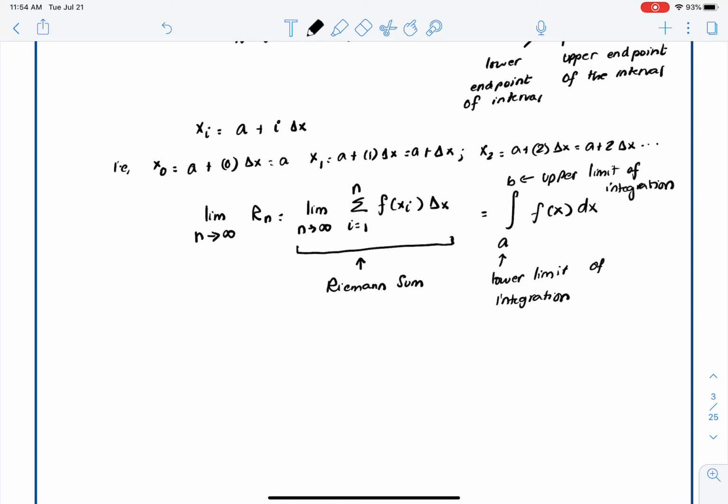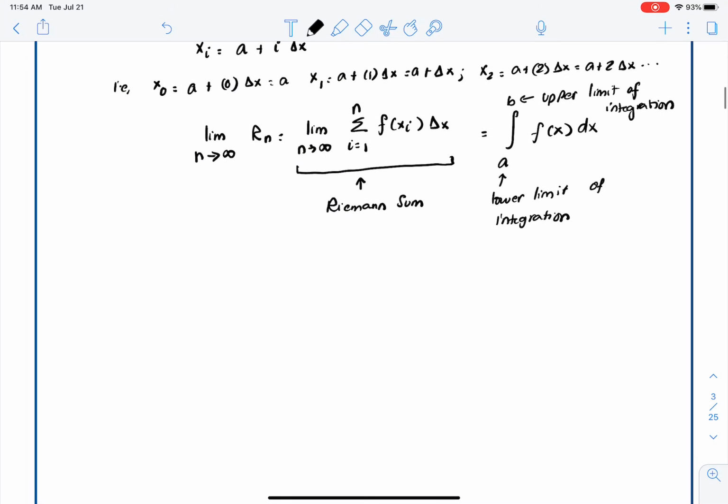So the limit as n approaches infinity, sum i equals 1 to n f of xi times delta x, which is the Riemann sum, is the area under the curve, and it is the value of the integral of the function f of x dx between the limits of integration a to b. So that would simply be equal to the area under the curve.